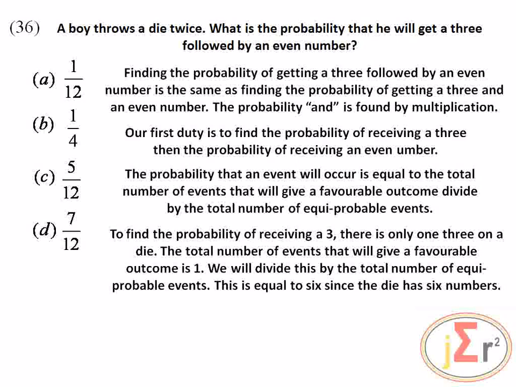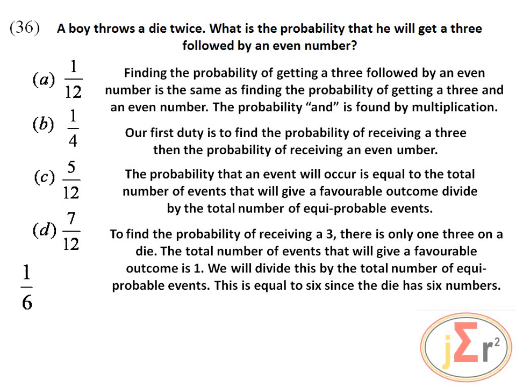We will divide that 1 by the total number of events that we have. This is equal to 6, since the die has 6 faces with 1 number each. So 1 out of 6, or 1/6.